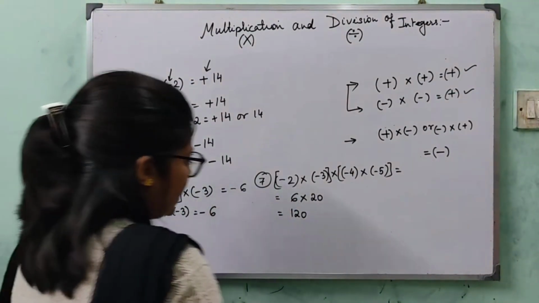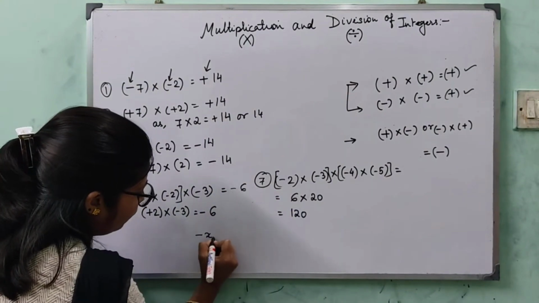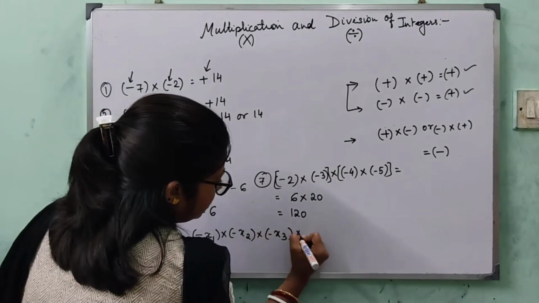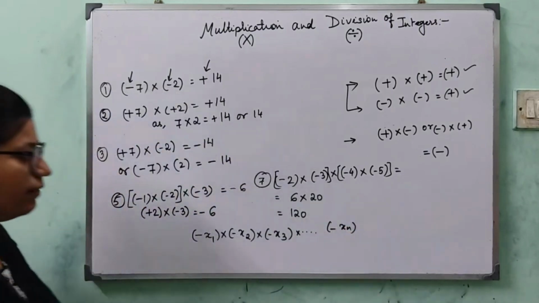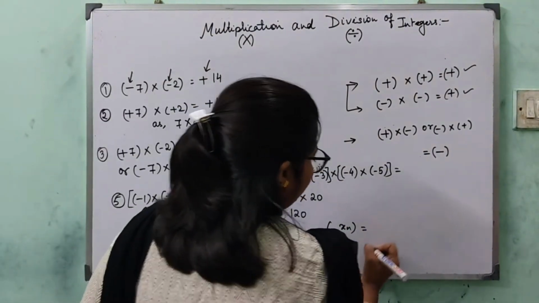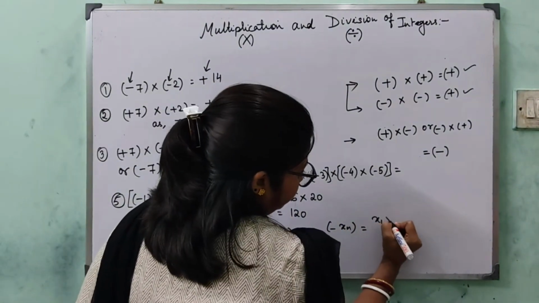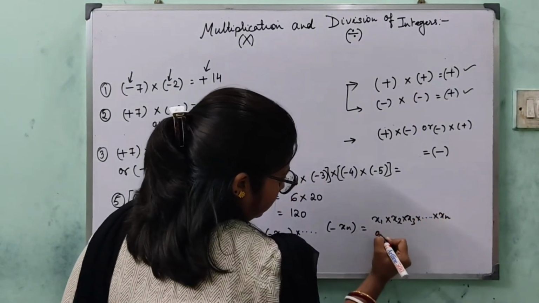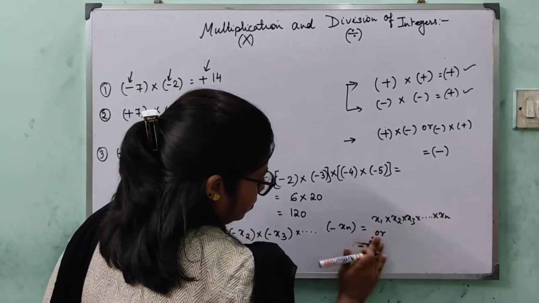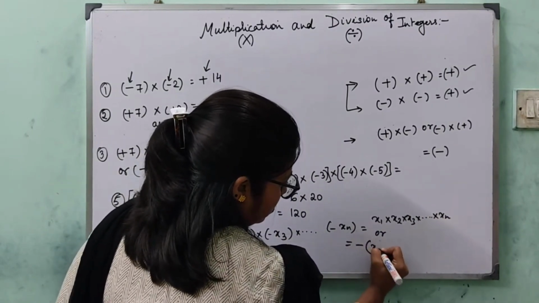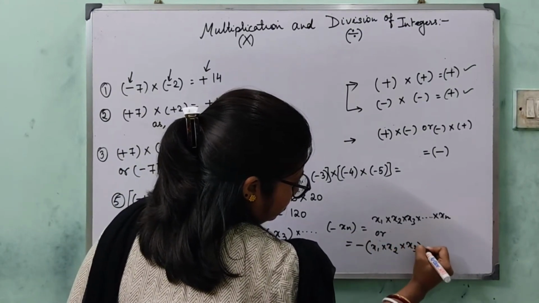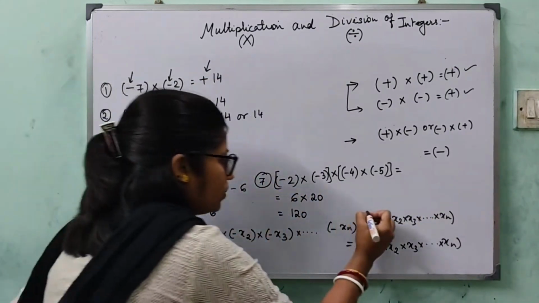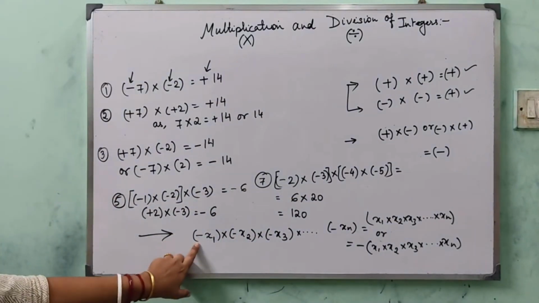So from here we can say that if I have a product of n negative integers, there will be two cases.